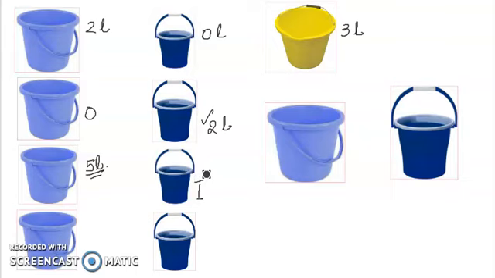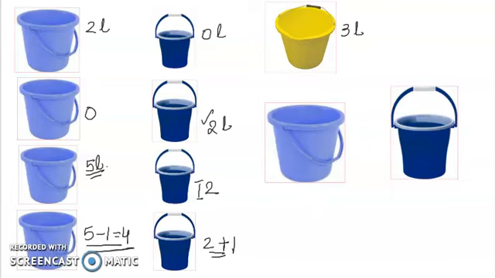That means it will contain 1 liter more. It was having 2 liters, so it will contain 2 plus 1, and this was 5 liter, so we will be able to transfer only 1 liter from here, and that will go to this bucket.